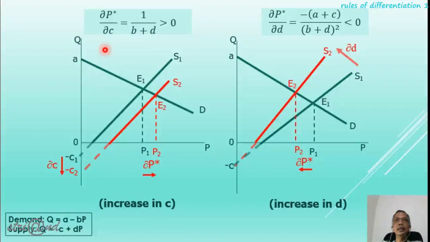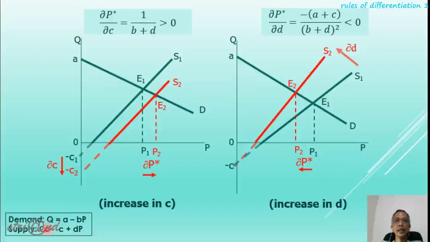Now let's see the graphical illustration of the partial derivative of P star with respect to C. C in the supply function is the vertical intercept here. Because Q is put on the vertical, so C is the vertical intercept.